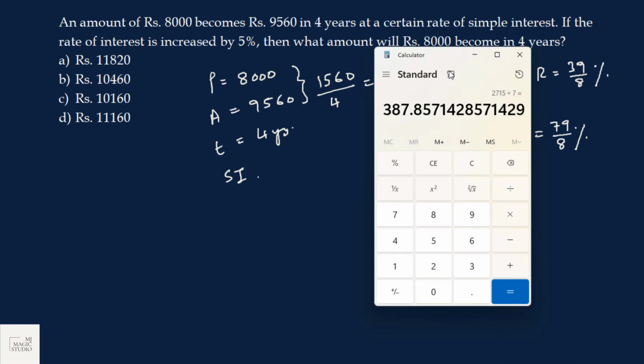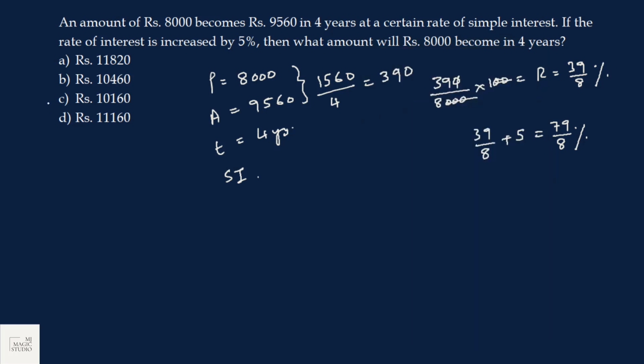Our calculator is there. 8,000 into 79 divided by 800. This is for 1 year. 790 into 4 for 4 years plus 8,000. That is the amount, 11,160. Option D.